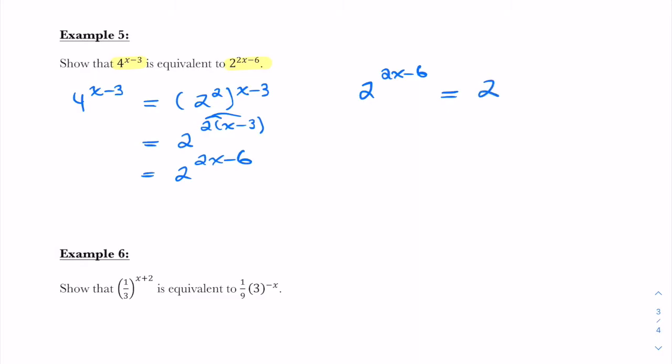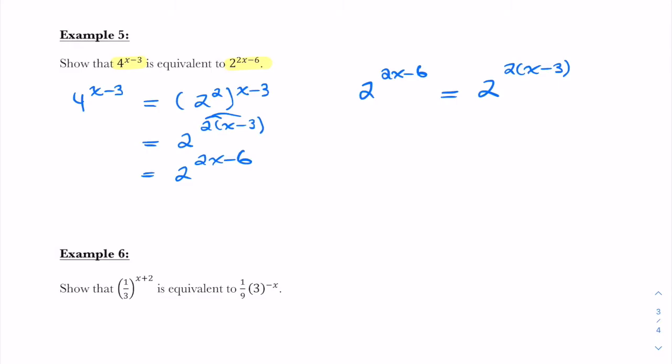What you can do, though, is recognize that there's a greatest common factor of 2 in the exponent. Factor it out. In doing so, we can use our laws of exponents once again, but this time sort of in reverse. Using the power of a power rule in reverse, you see that the exponent consists of 2 multiplied by x take away 3.